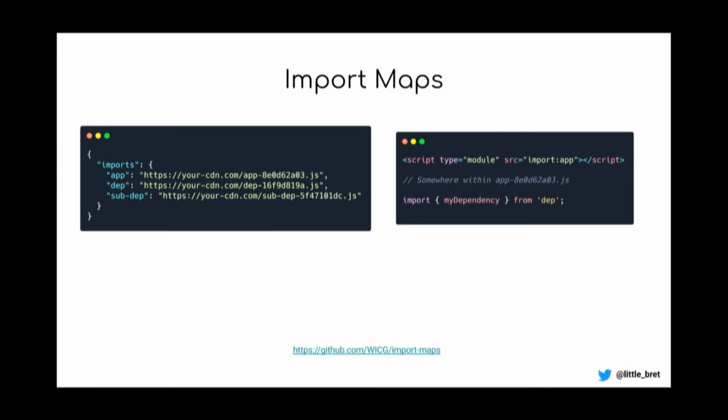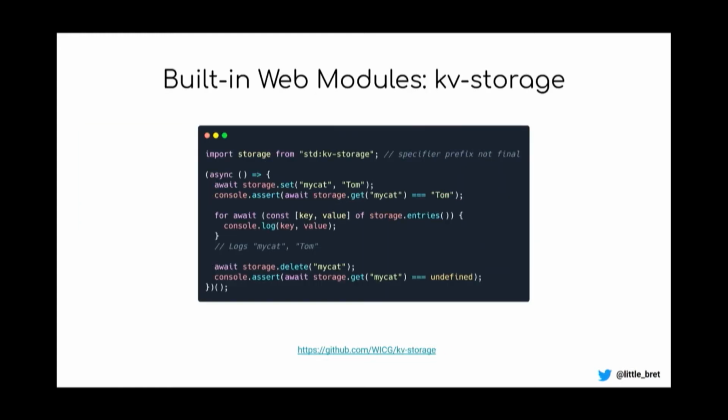Well, anybody downstream doesn't need to know about that hash. That resolution can be defined once in an import map, and then all you have to do is say import app. Or somewhere deep inside the dependency here, or inside app.js, we can also say import from dep. And if you're using native ES6 modules, all of that will resolve properly, which is really, really cool.